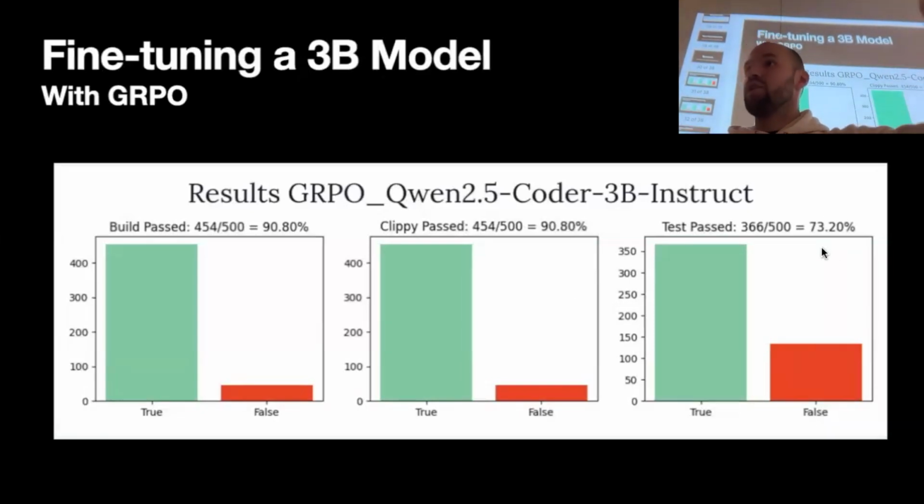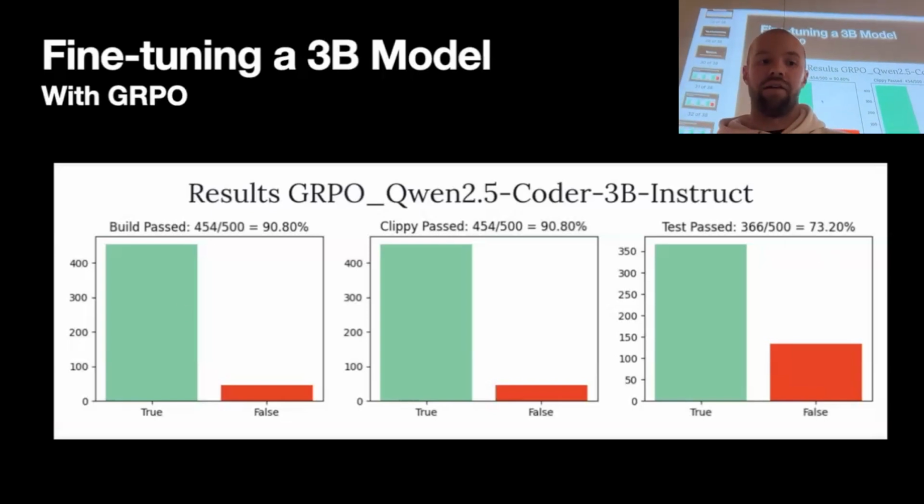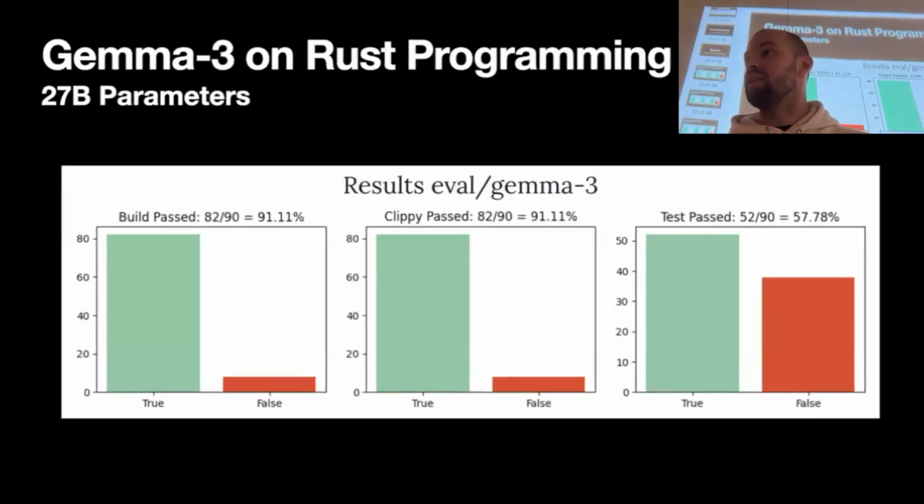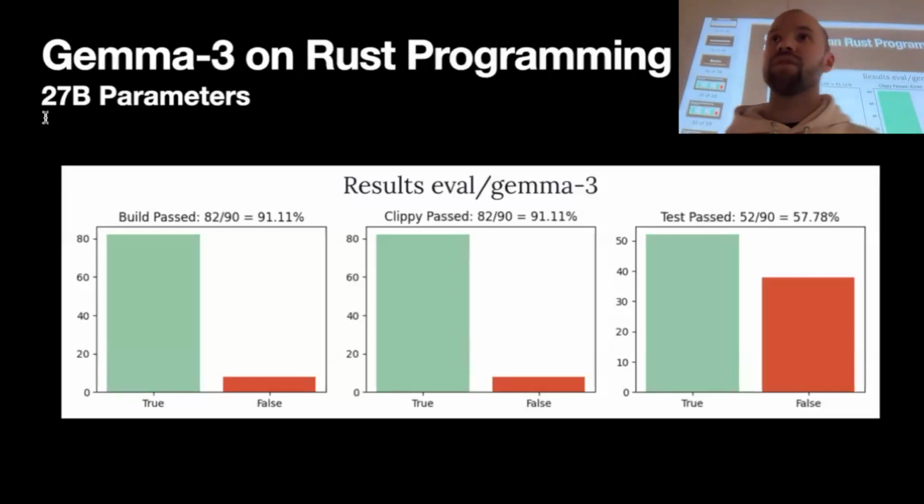I think it's really interesting for coding use cases where you have verifiable outputs, that you can get even a 3 billion parameter model to do this task as well as GPT-4 or models 10 times its size.